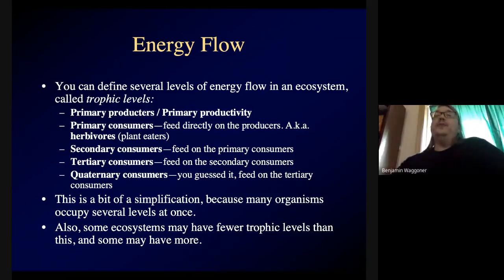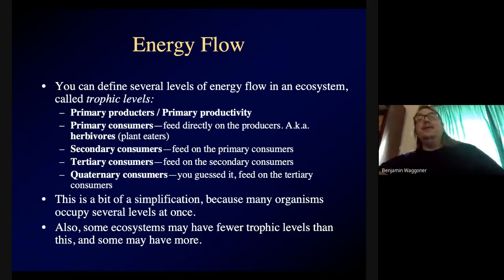Humans, for example, since we eat both plants and animals, we could be both primary and secondary consumers, and possibly even higher level consumers as well. Even just within one meal, we're probably eating on several levels at once. So this is a bit of a simplification, but it will do to get some points across.